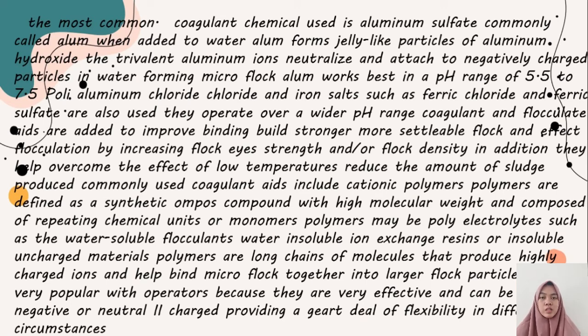Commonly used coagulant aids include cationic polymers. Polymers are defined as synthetic compounds with high molecular weight and composed of repeating chemical units or monomers.